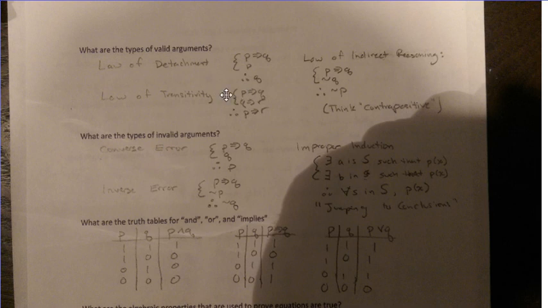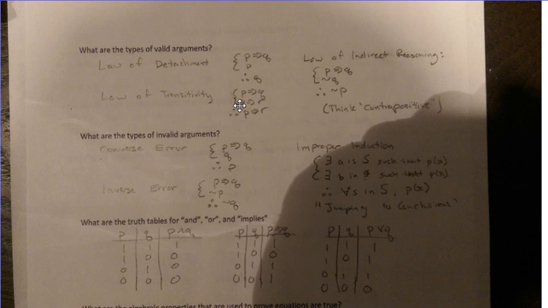Let's look at the law of transitivity. So we have if P then Q, if Q then R, therefore if P then R. So we'll go back to our Ravens example. Let's use: if the Ravens win, then their record will be 2-3.